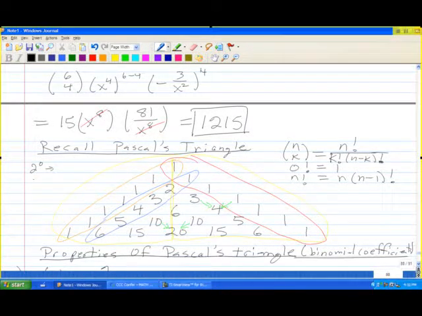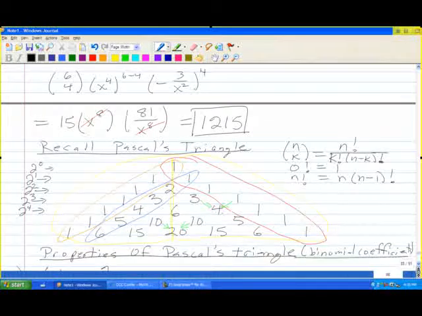If I add 1 plus 1, I get 2. 1 plus 2 plus 1 is 4. 1 plus 3 plus 3 plus 1 is 8. 1 plus 4 plus 6 plus 4 plus 1, that's 10, 14, 16.